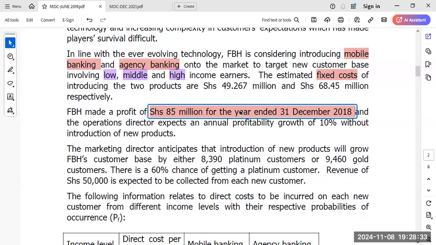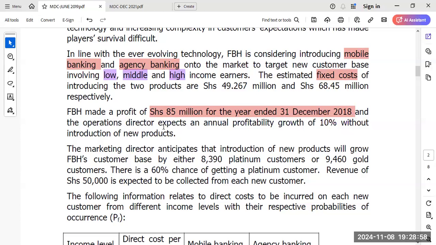But which year of income am I dealing with? Is it 2018? So that is what you needed to find out. It actually means that you have been in a business and you made a profit of 85 million for that period.